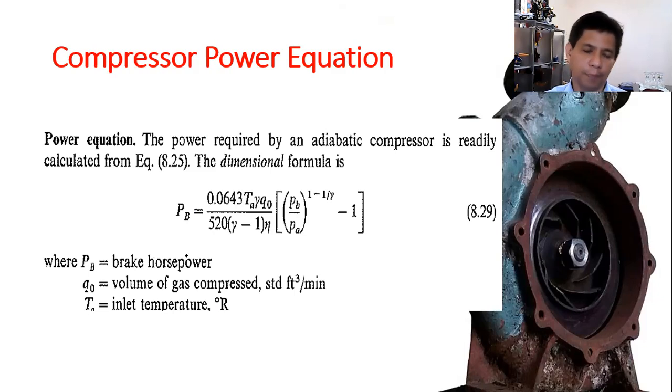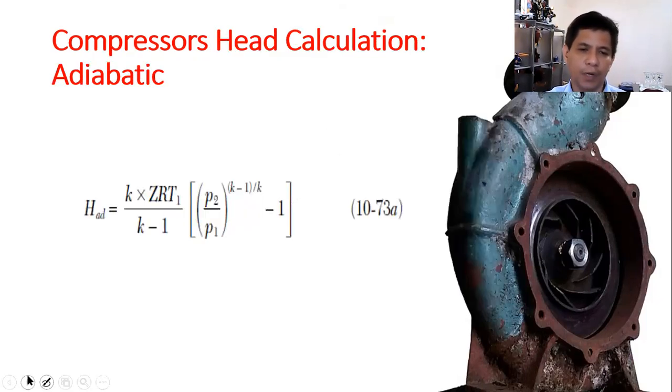But if it so happens that you are asked for the brake horsepower, there are equations in the handbook that will let you solve for the head of your compressor. Just substitute everything right here. This is for non-ideal gas, so it has a compression factor.